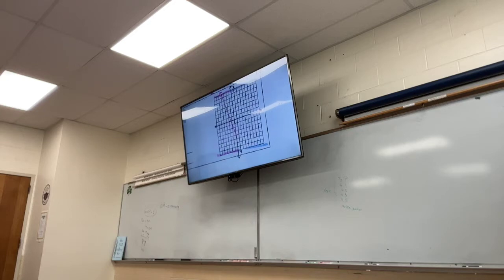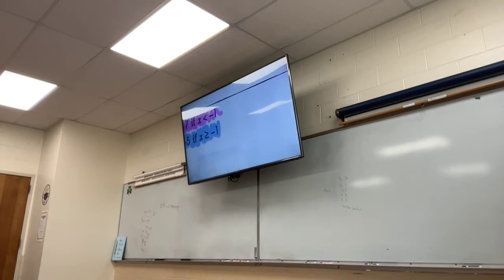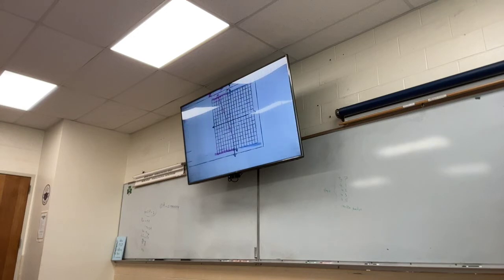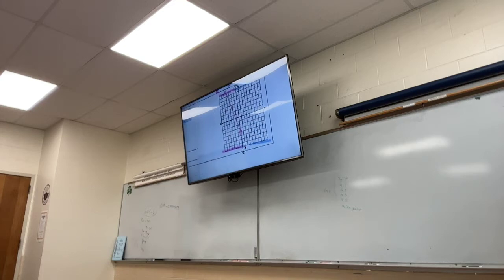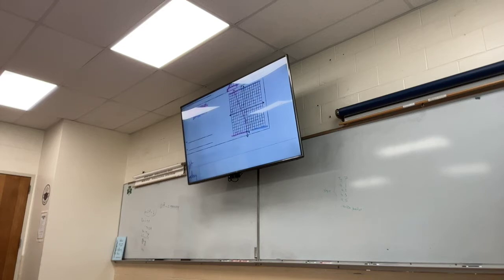And then that pink line has x is less than negative 1, so on the boundary I'm going to put a hollow circle. Just like that, okay? And then to the right of that line, now I'm going to graph f of x equals negative 5, so that's just a horizontal line right here.